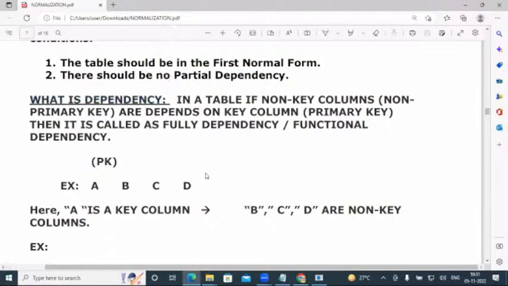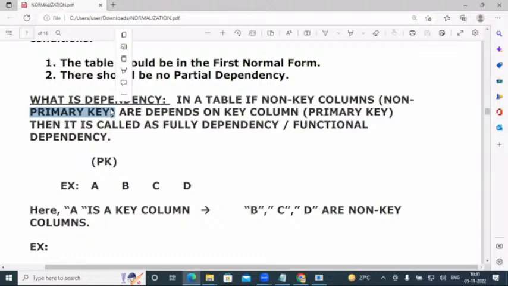Now we can see the definition of the first. In a table, if non-key columns, non-key means non-primary key columns, and of course in normalization, whenever you are listening to these classes, you should have a good knowledge of primary key, foreign key, composite primary key.